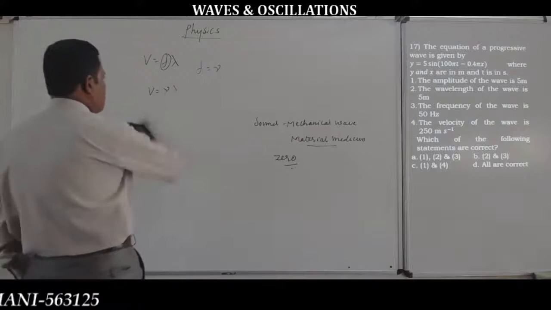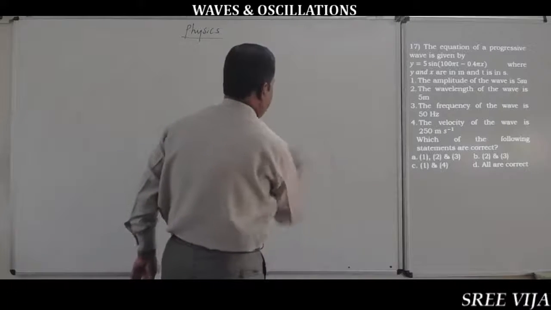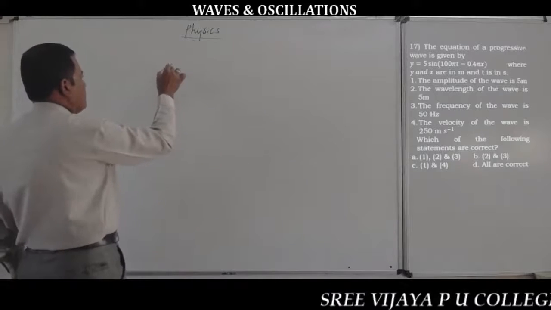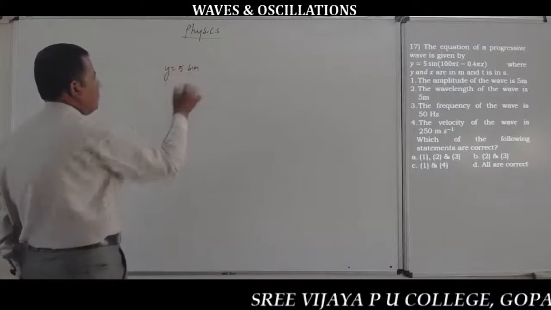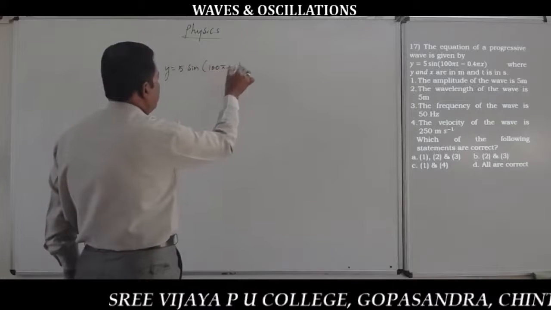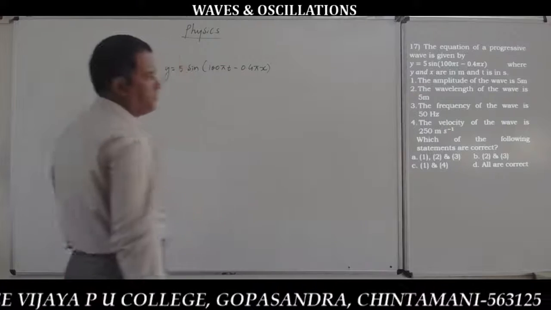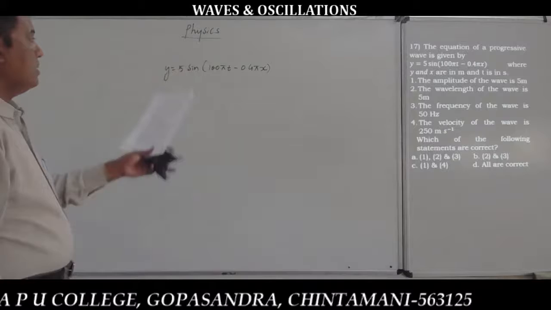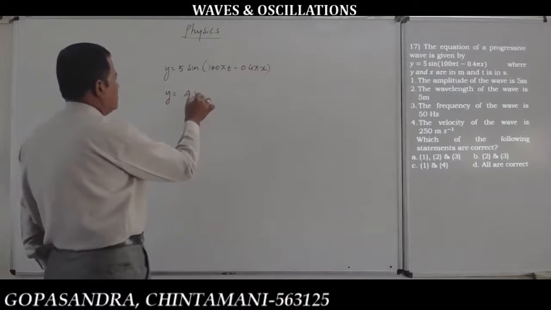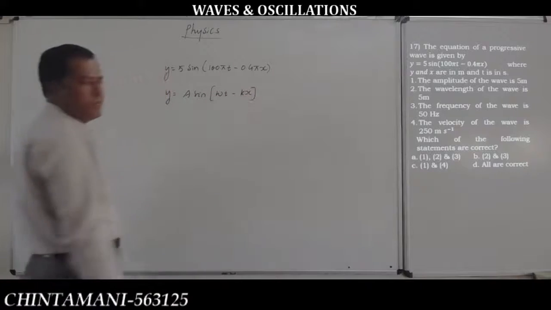So let us consider the standard equation. So given equation is y is equal to 5 sine 100 pi into t minus 0.4 pi into x. So just compare this equation with the standard equation, y is equal to a sine omega t minus kx.